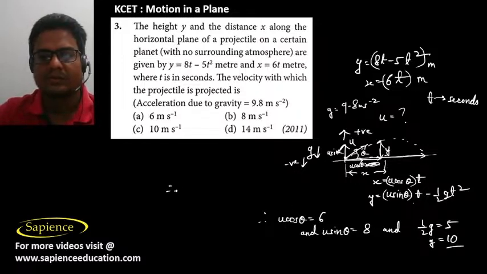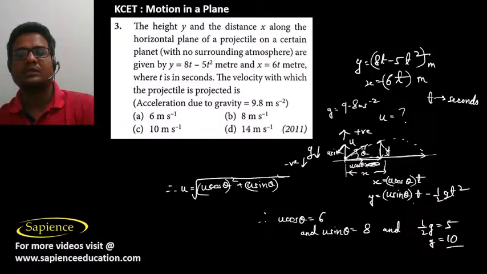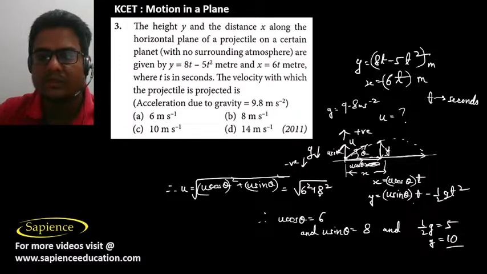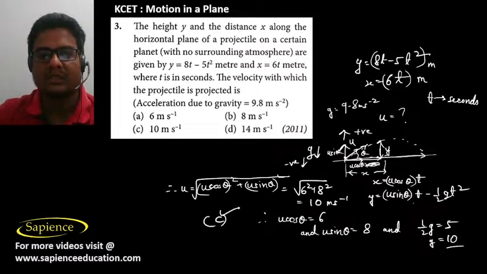Therefore u will be equal to the root of u cos theta whole square plus u sin theta whole square, that is u square into cos square theta plus sin square theta, and cos square theta plus sin square theta is 1. So that will be equal to square root of 6 square plus 8 square, that is 36 plus 64, that is 100. So square root of 100 is 10. So 10 meter per second is the required velocity of projection. So option C is the correct answer.